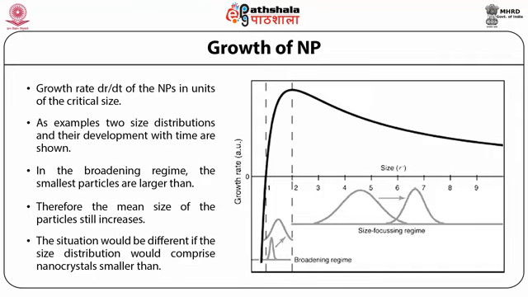Ultimately, when r star is larger than the radius of the smallest nanocrystals present, the system enters into the Ostwald ripening regime, which is characterized by a large broadening of the size distribution and, more importantly, a decrease of the total concentration of the nanoparticles.